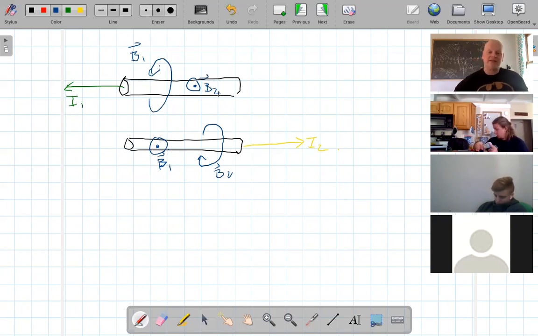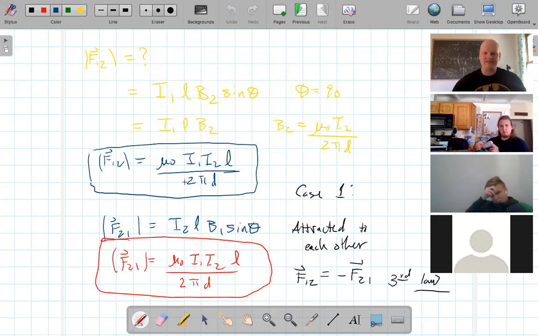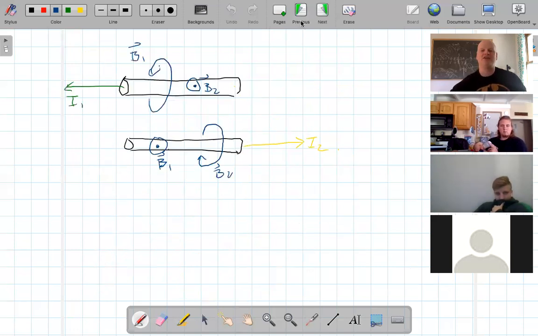Now notice that the magnitude of the forces stays exactly the same. All of this stuff is still true. The magnitude of the force on 1 by 2 is still the same, and the magnitude of the force on 2 by 1 is exactly the same. Nothing has changed, but what changes now are the directions. Let's look at the direction of the force on 1. Again, I point my fingers in the direction of the current.